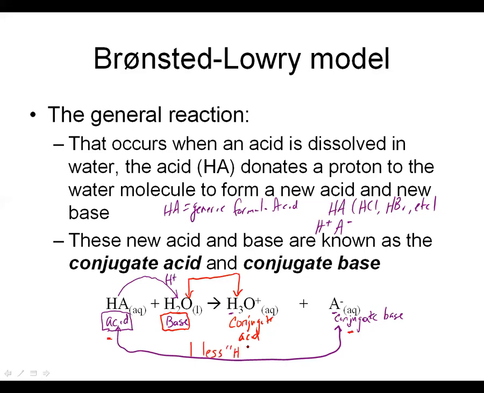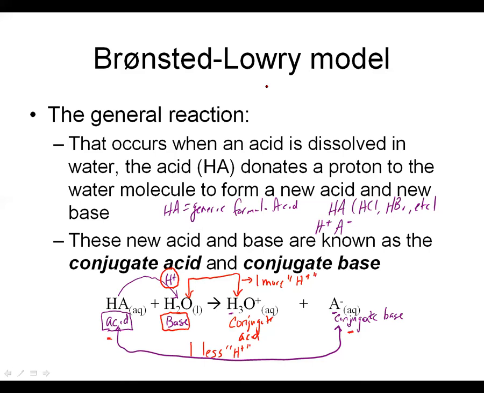If we look at the base and its partner, which is the conjugate acid, the difference is also 1 H plus, but it's 1 more H plus. And that H plus is the one being transferred from the acid to the base. That's an important relationship to remember.